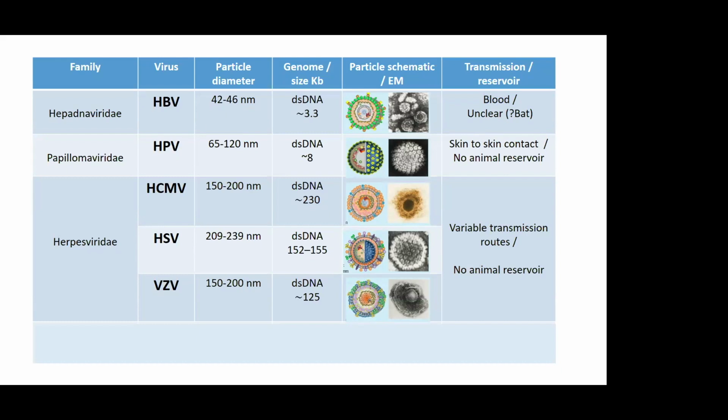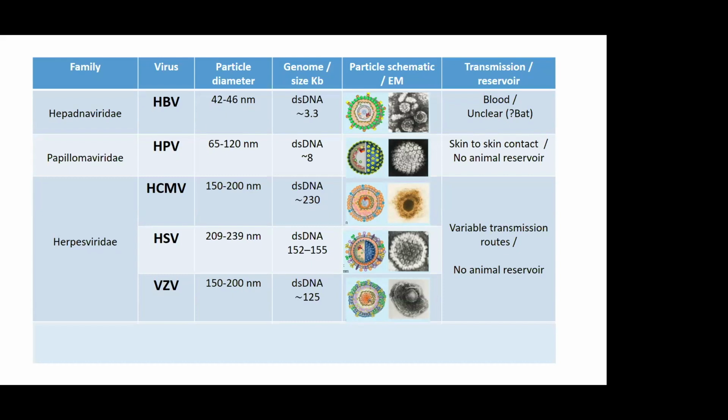So since 2016, or 2019 if we speak about COVID, there's a new family of DNA viruses. It's also a double-stranded DNA virus family that has got an approved antiviral. Can anybody guess which new family of double-stranded DNA viruses has got an approved drug?